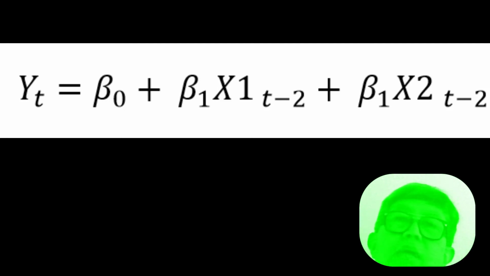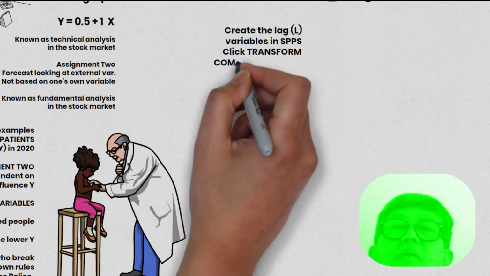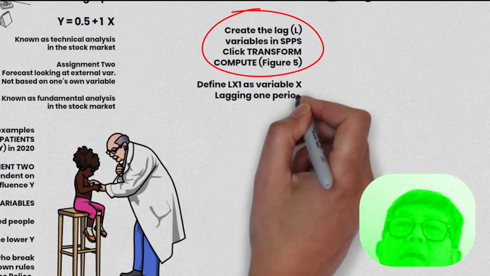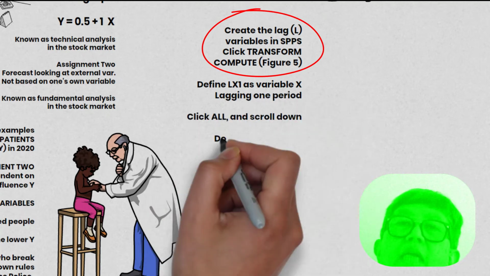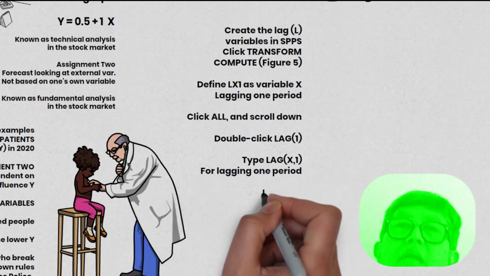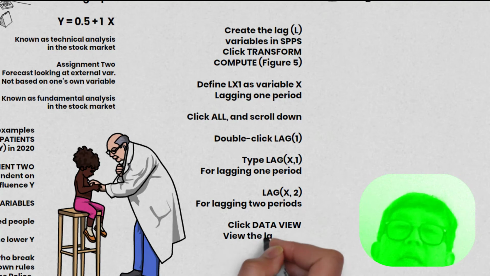And in order to create the lag variable in SPSS, you need to click Transform, then Compute, see figure 5. Then define lx1, for example, as variable x lagging 1 period. Click All, then scroll down and double click Lag.